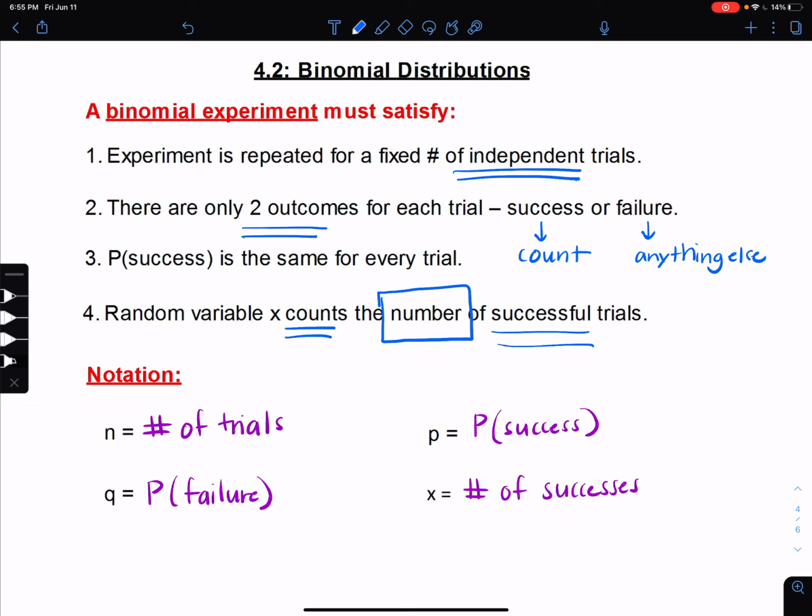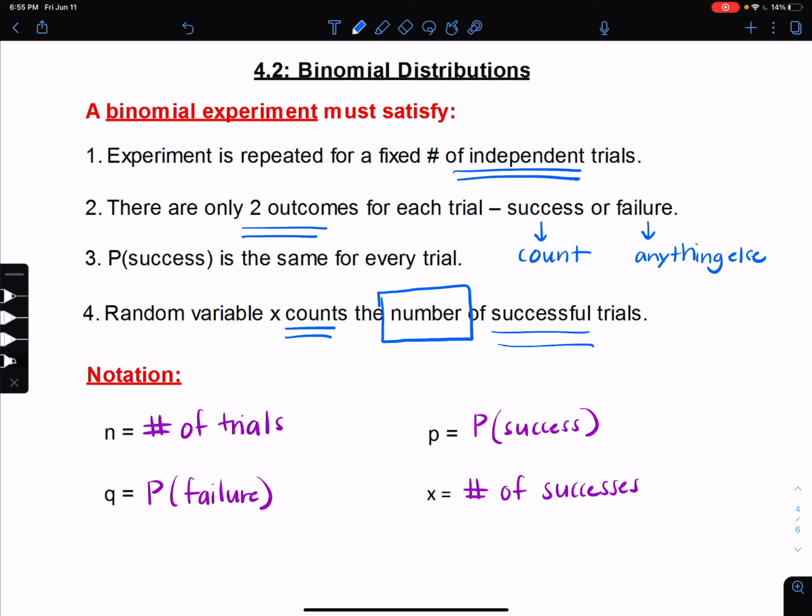Because if you did not replace the card every time you drew, then the total number of cards would be decreasing. It would be changing with every trial. And that would be a situation where you had dependent trials because what happens on the first draw affects what happens on the second draw.